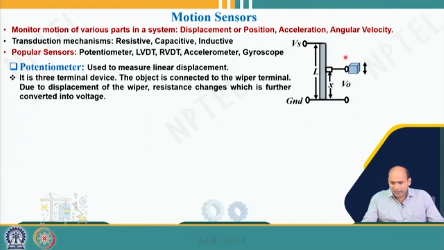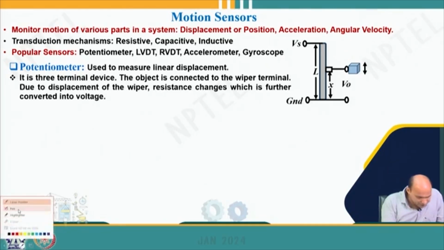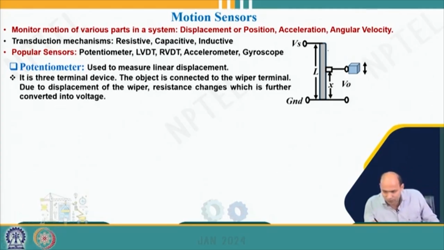Suppose the total length is L and the total resistance is R. Then per unit length, the resistance is simply R by L, is it not? Because R is the total resistance, so per unit length the resistance will be R by L, right?